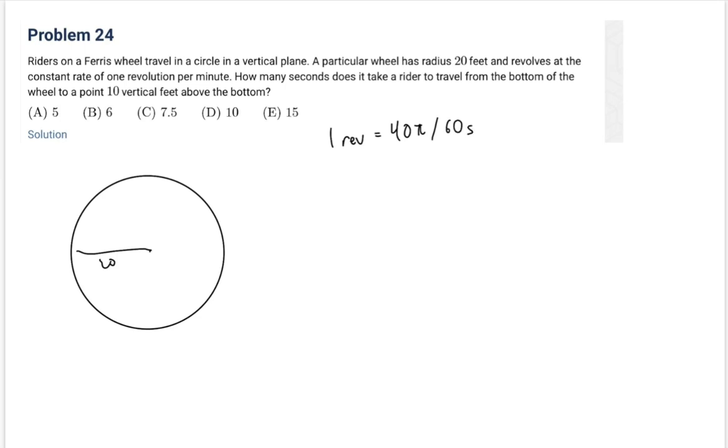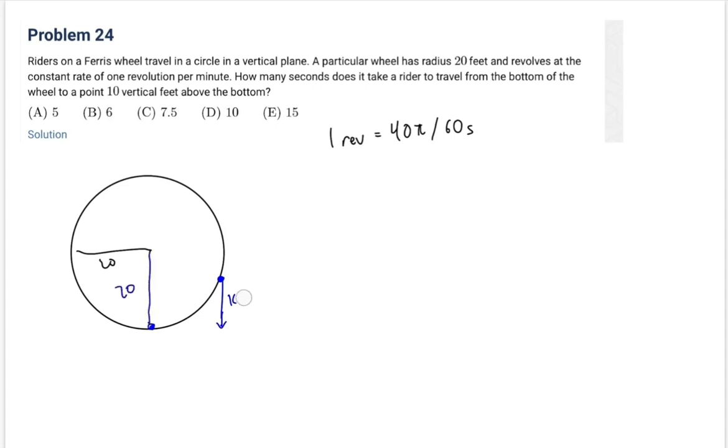How many seconds does it take a rider to travel from the bottom of the wheel to a point 10 vertical feet above the bottom? So it would be about here, and this would be 10 vertical feet. For this to have an altitude of 10 feet, and this thing is 20, right?